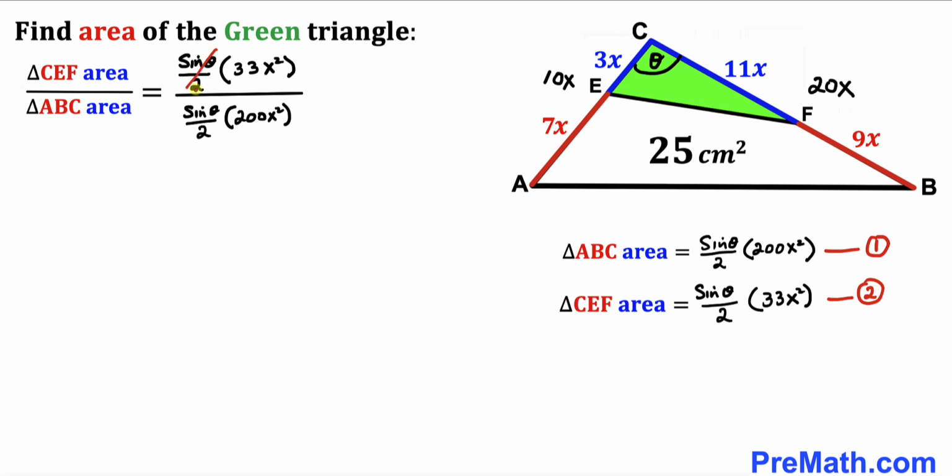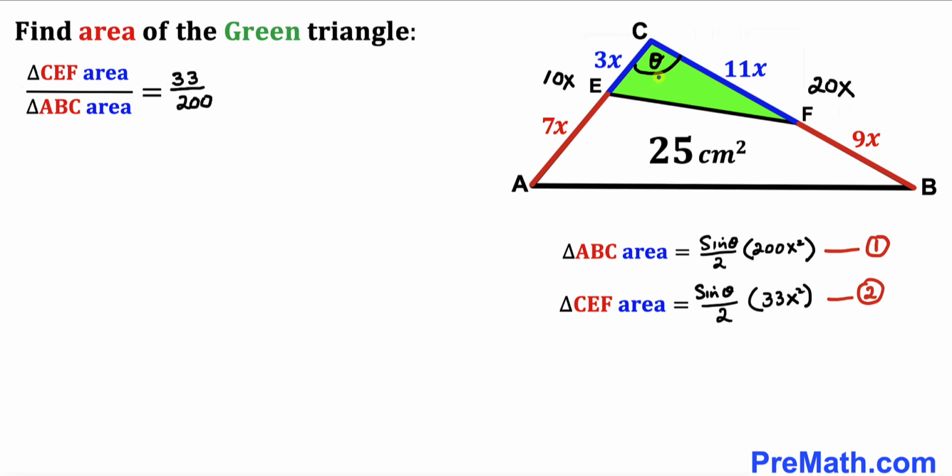Sine theta divided by 2 cancels, and x² cancels as well. After simplification, we get 33 divided by 200. So the ratio of these two triangles turns out to be 33 divided by 200.